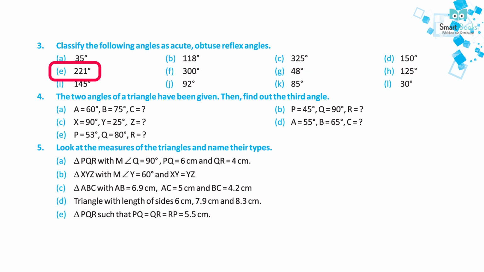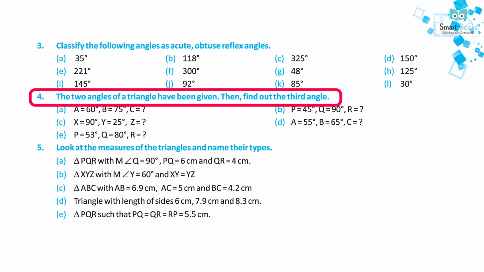E. 221 degrees, reflex. F. 300 degrees, reflex. G. 48 degrees, acute. H. 125 degrees, obtuse. I. 145 degrees, obtuse. J. 92 degrees, obtuse. K. 85 degrees, acute. L. 30 degrees, reflex.